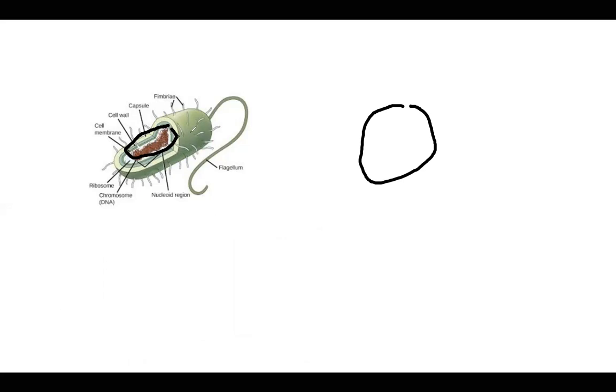Then we're going to be talking about the capsule, which is actually part of the cell wall, so I'll talk about the cell wall. If you watched part 2, you know what the cell wall is. In plant cells it helps give structure, but because prokaryotic cells can never be multicellular, they have a cell wall that helps defend against other prokaryotic cells or eukaryotic cells, whether unicellular or multicellular.